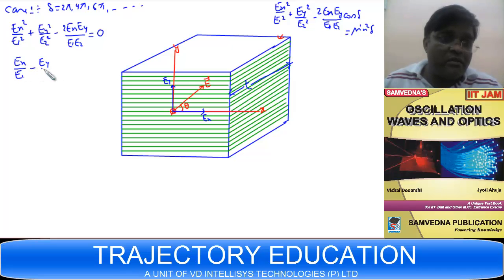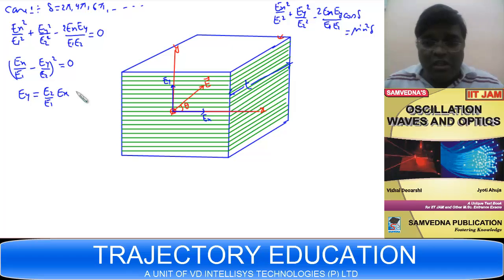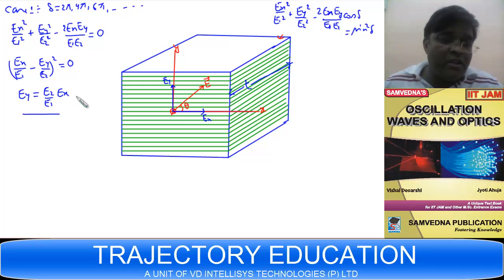Or you can write it as (Ex upon E1 minus Ey upon E2) whole square equal to 0, so Ey is E2 upon E1 Ex, right? So the resultant wave will have X vibration and Y vibration such that they follow this relation.